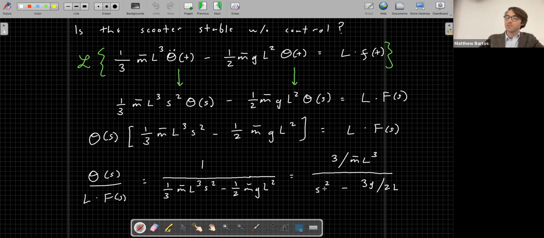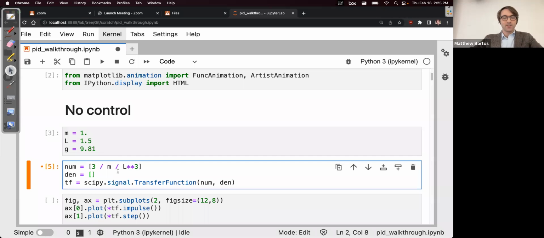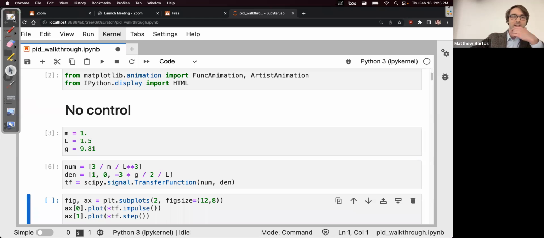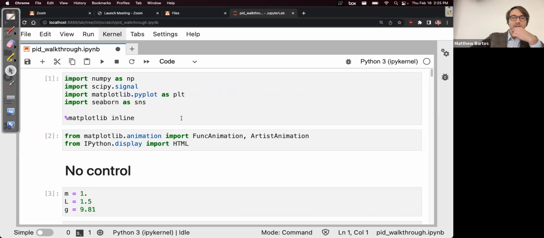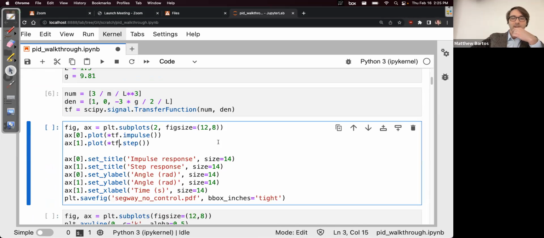Our first coefficient is going to be 1, our second coefficient is going to be 0, and our third coefficient is going to be 3g over 2L. So our denominator is 1, 0, and negative 3 times g divided by 2 divided by L. I believe it's negative, right? Yes, negative.